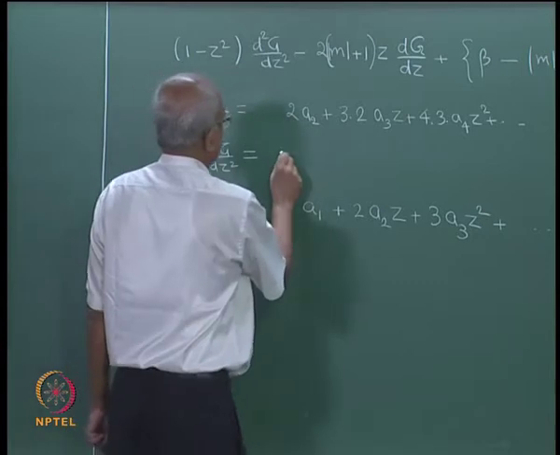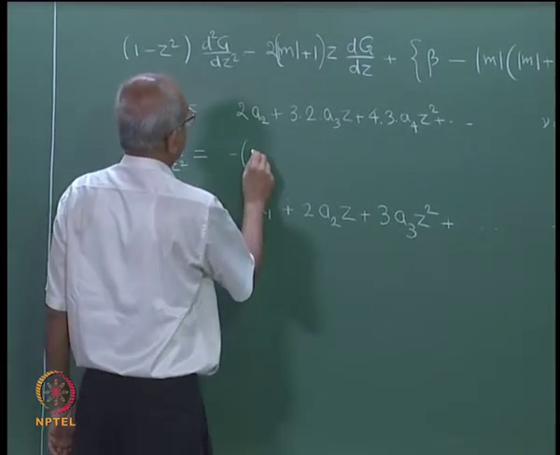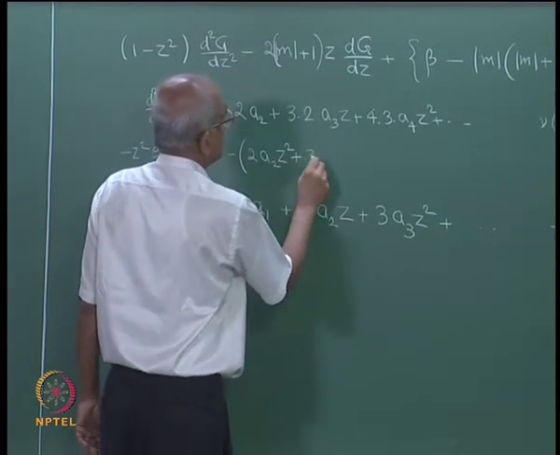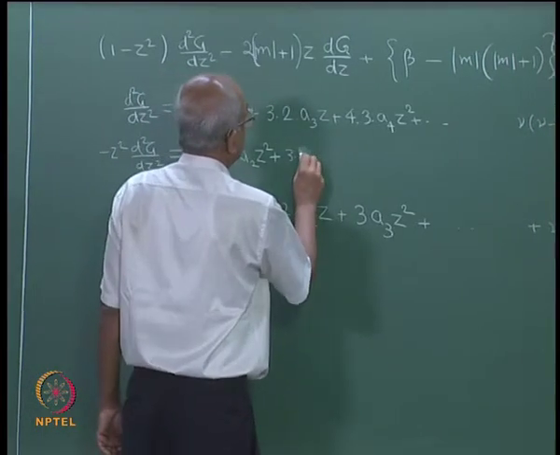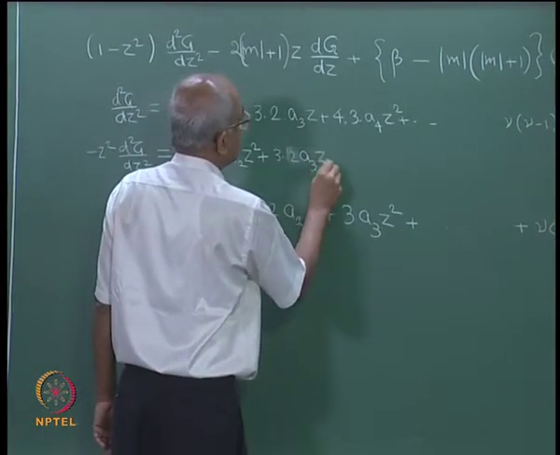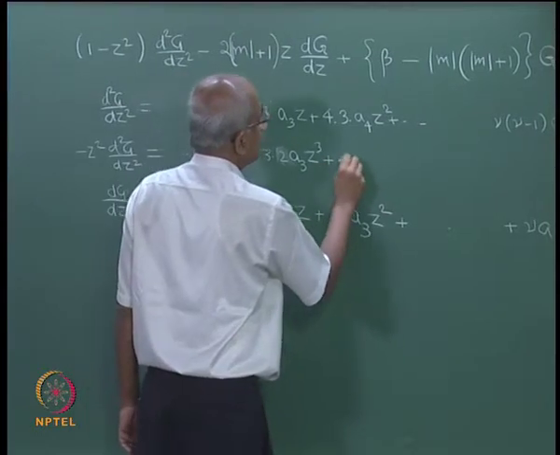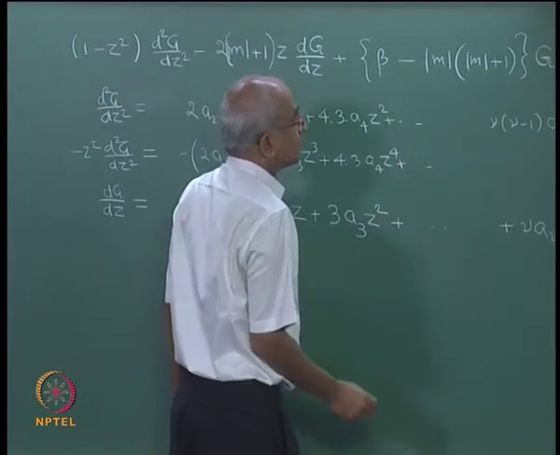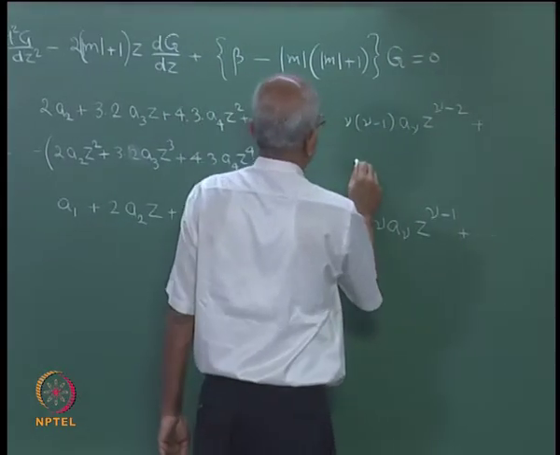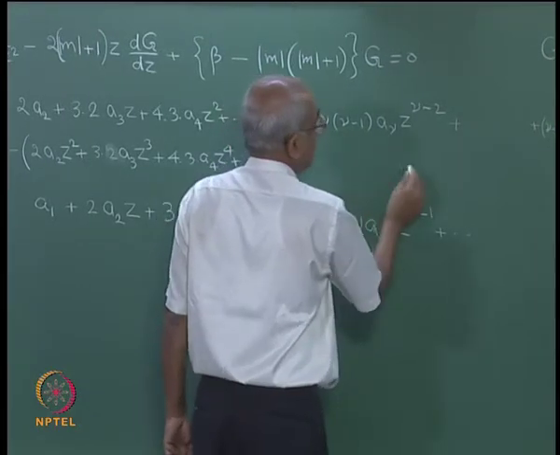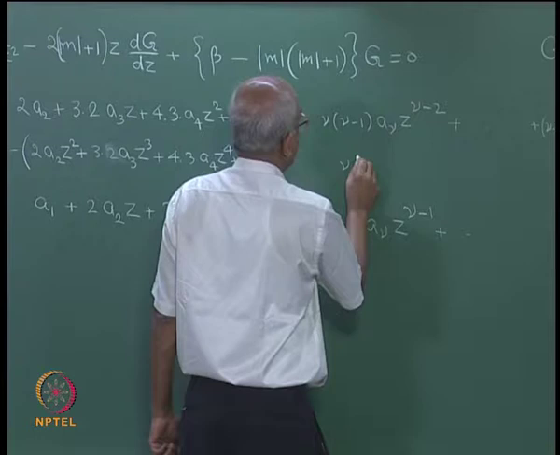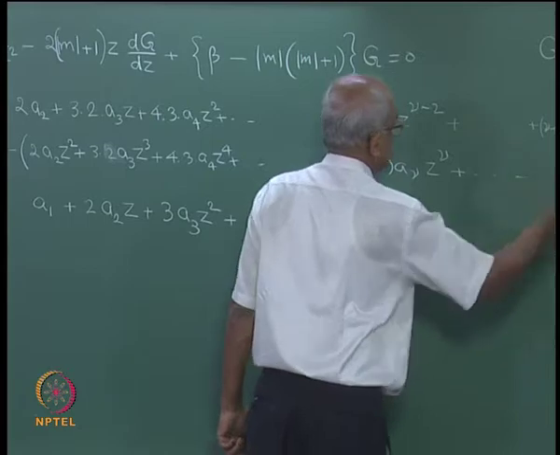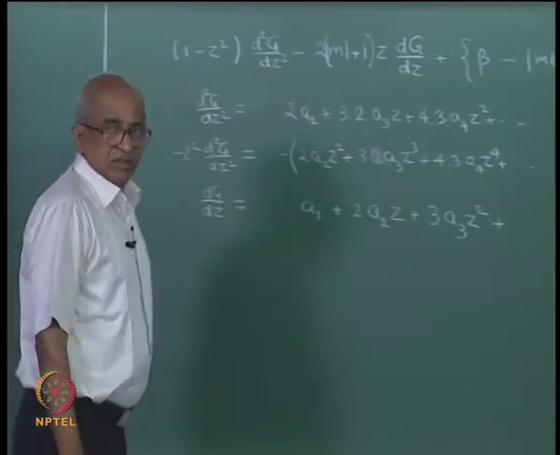Well, that will give me minus, let me keep the minus sign outside, 2A2 z square plus 3 into 2 A3 z cube, this is going to give me nu into nu minus 1 A nu z to the power of nu plus etc. Okay.